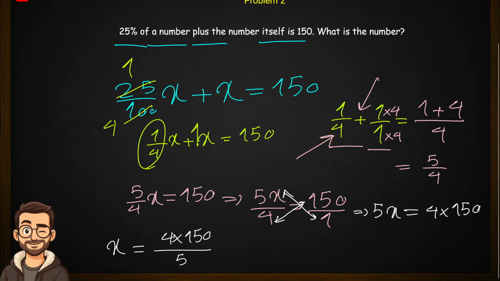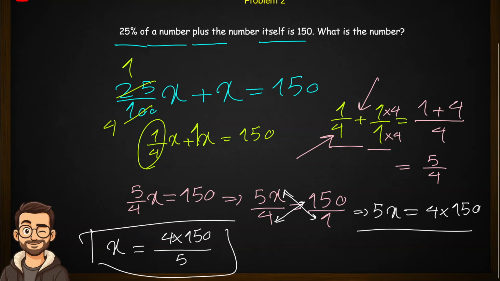Because we need to isolate x here. We talked about solving linear equations in our previous videos. You can go to those videos and learn how to solve linear equations. All right, so I'll let you simplify this fraction, and you can leave your answer in the comments.